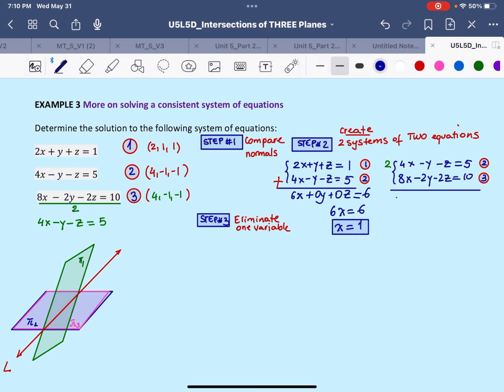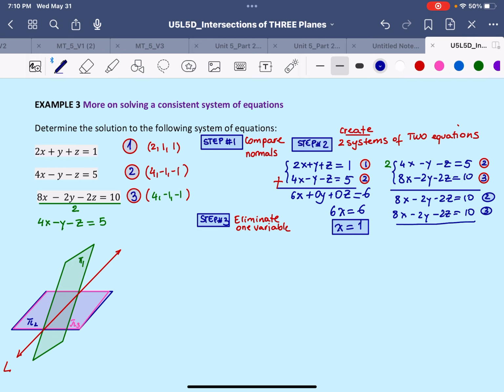And that will give us 8x minus 2y minus 2z equals 10. That would be our equation 2. And equation 3 is 8x minus 2y minus 2z equals 10. Oh, wait a second. So it seems that we obtained the same equation in here.